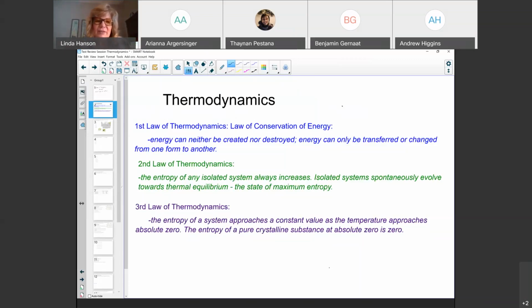And so just thinking about the second law, the entropy of any isolated system always increases. So if you're asked in the multiple choice format to grab the second law, look at entropy increasing as time goes by. That's the natural state. Things become more disorganized.